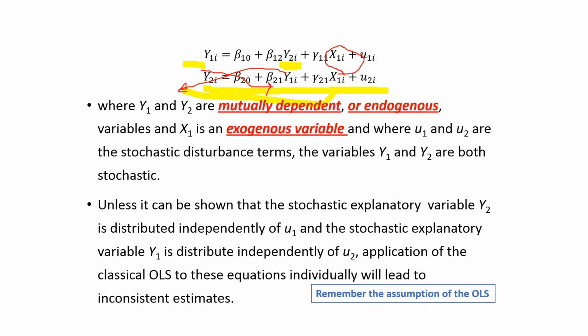Again, the endogenous variables are the variables that switch their places from explanatory to dependent and from dependent to explanatory. They may appear on the right hand side and on the left hand side of the equations, while the exogenous variables are completely explanatory variables. These are x's that appear only on the right hand side of the equations.